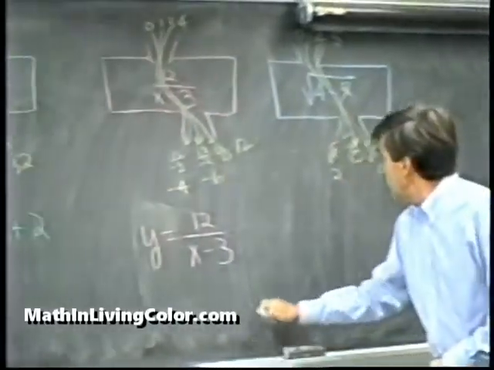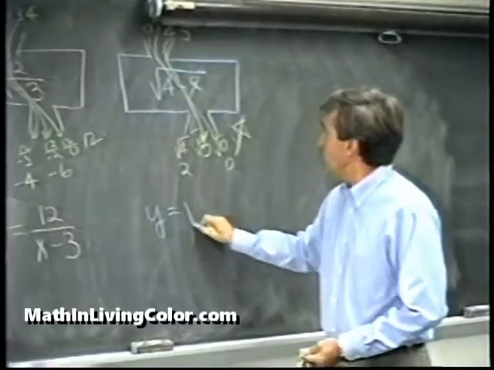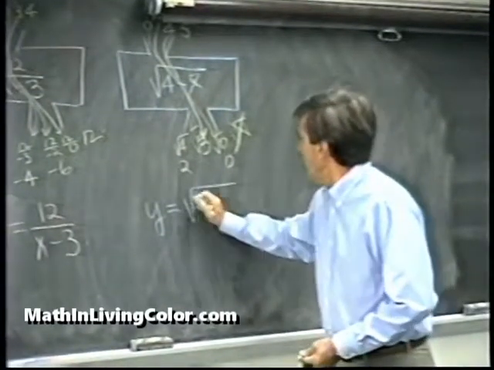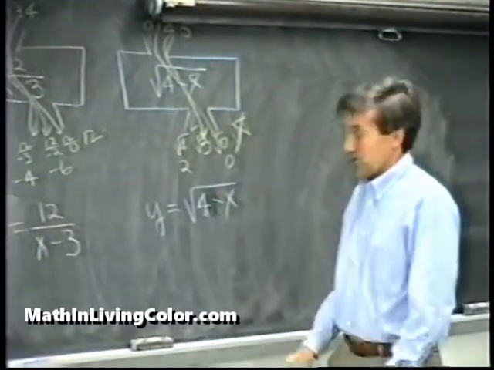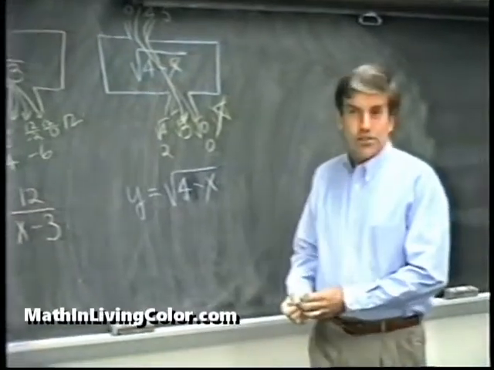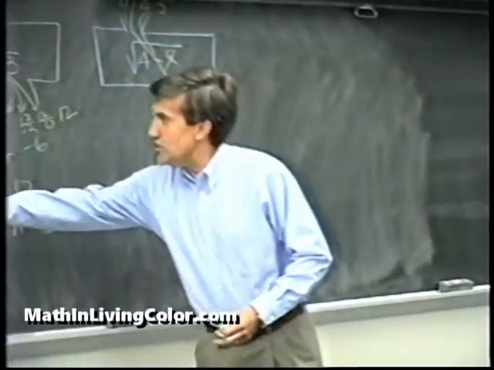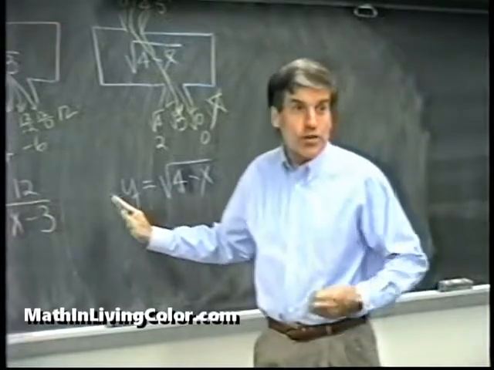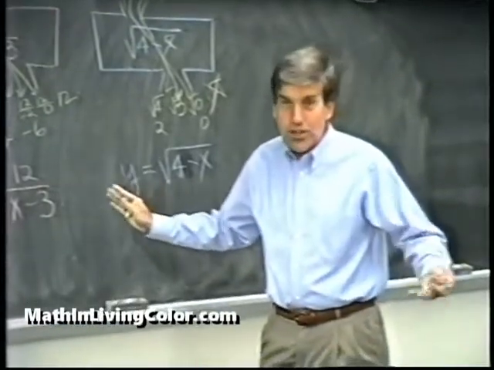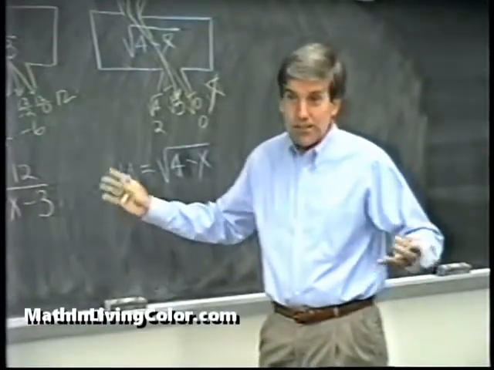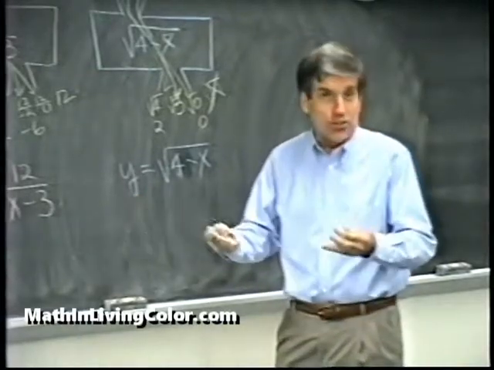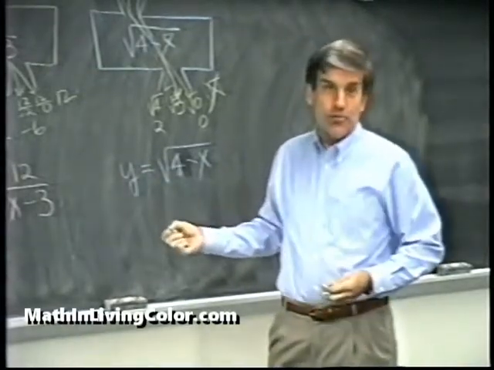The blue one would be y equals the square root of 4 minus x. Okay? So in other words, we're going to have an equation with two variables in it. Now, we've already introduced the idea of equations with two variables. That's what we're dealing with in the section previous to this section on domain and range.